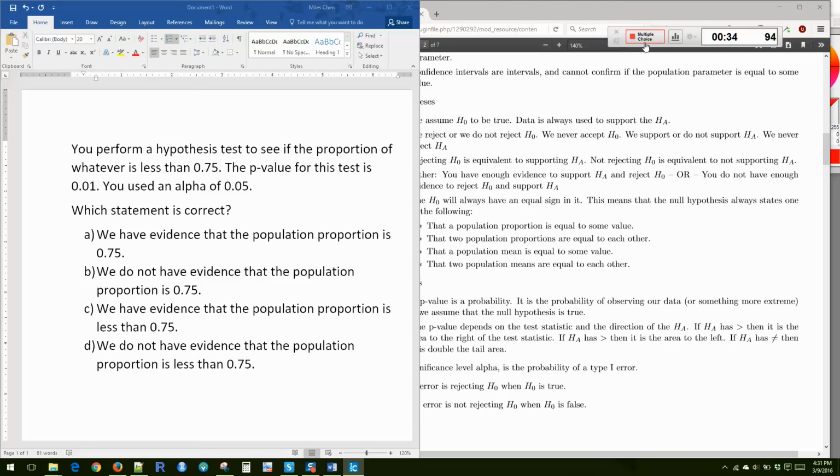I know they all sound similar, but we want to be able to distinguish the correct statement from all of the false statements. I'm going to hit stop here in a couple seconds, so just get your clicks in.